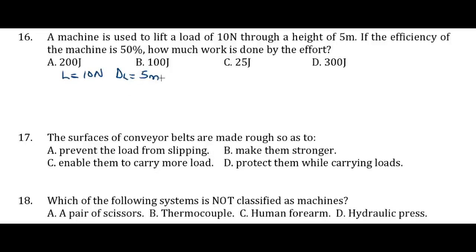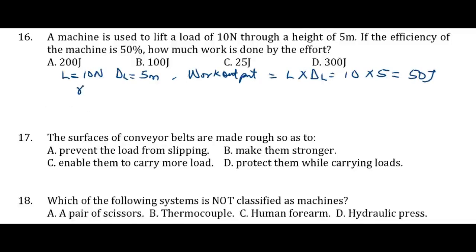The first thing you need to find is work output, because what is required of us is the work input, that is how much work is done by effort. Our work output will be load times distance moved by load. That is 10 multiplied by 5, which is 50 joules.